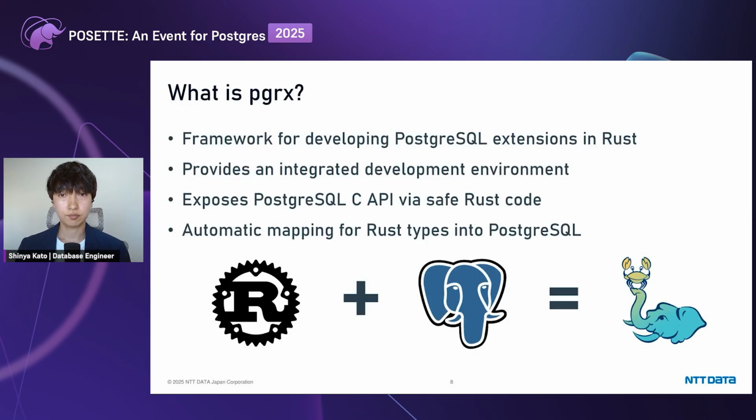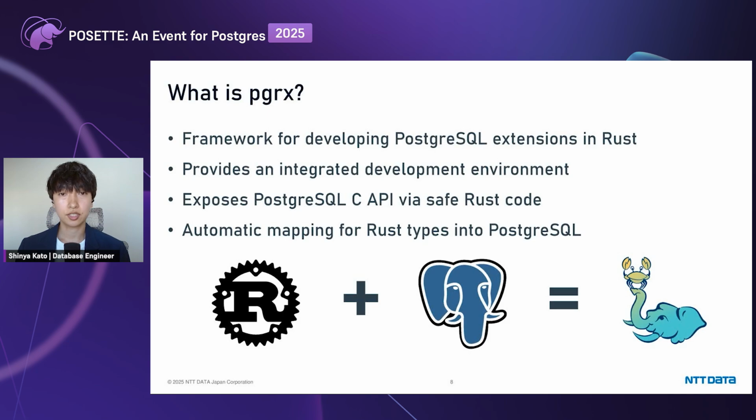So how can we implement Postgres extensions in Rust? You can easily develop them using pgrx, which is a framework specially designed for developing Postgres extensions in Rust. Let me explain the key features of pgrx.